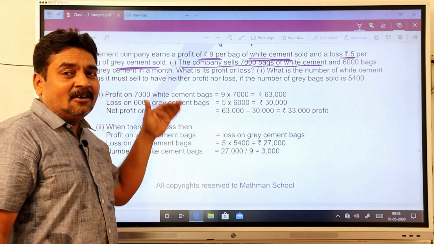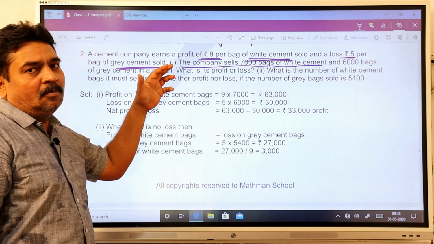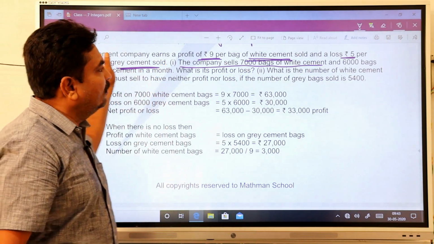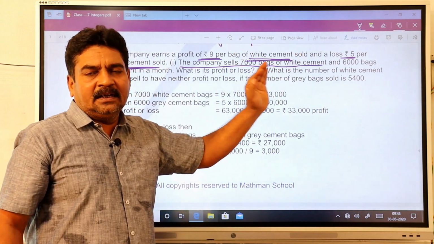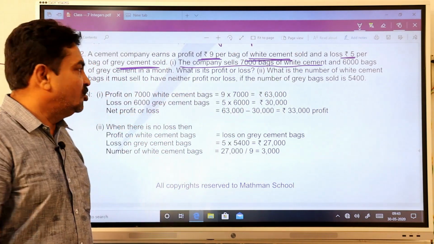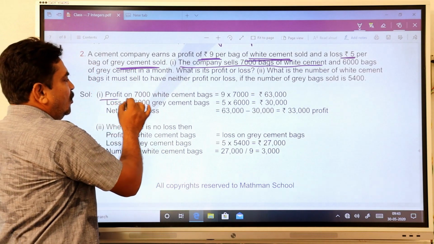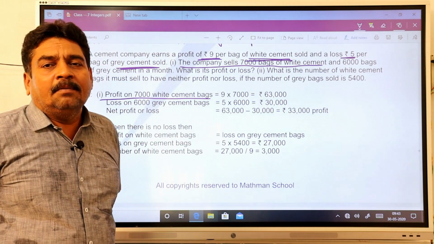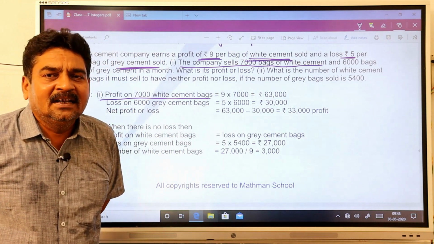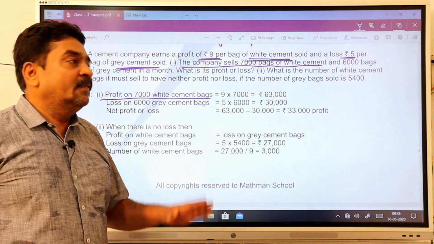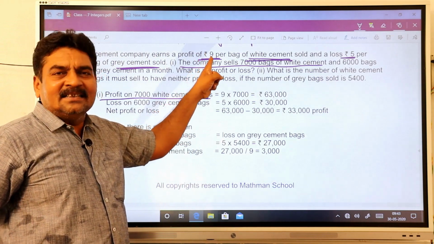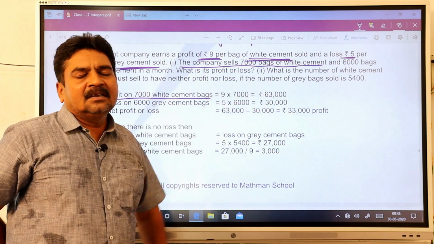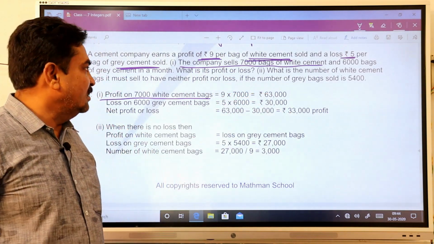First we have to write down the statements because this is a word problem. Whatever the question, first think about it from full stop to full stop, paragraph to paragraph, and try to write it down in steps. First, profit on 7,000 bags of white cement. 7,000 into 9 per bag profit comes to 63,000.